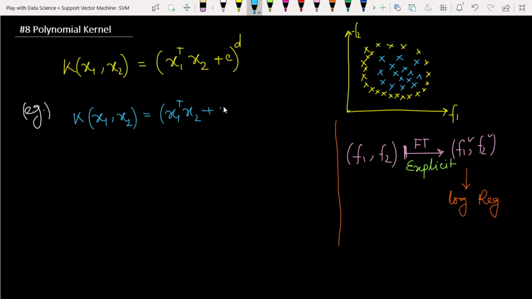Instead of c I am using 1, and instead of d we are using 2, because we are taking the quadratic kernel. This is our quadratic kernel.